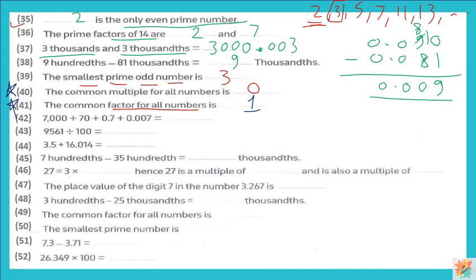The next, 42. يلا بينا نعمل adding for this number, 7070 so 7070.707. Okay, question number 43. مستر عاوزين نعمل النمبر ده divided 100 ومفيش decimal point. نعمل ايه؟ بكل سهولة we have here decimal point at the end.